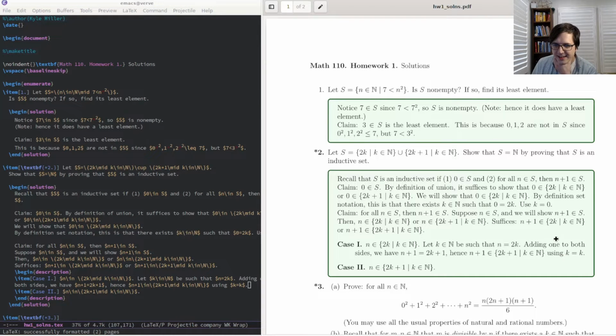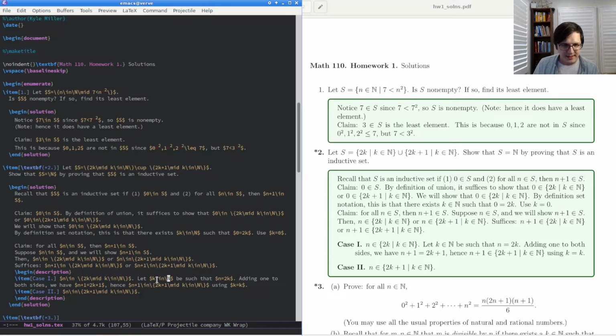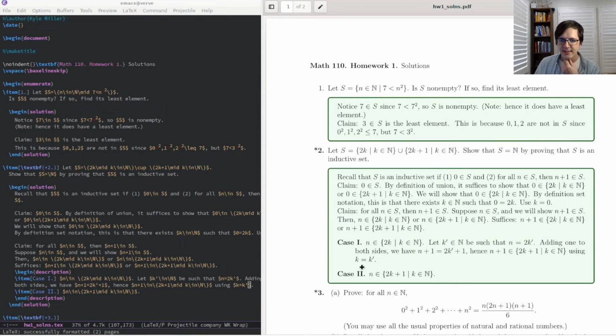Where this k is supposed to be the k in the definition of the set, and that k is the value that we're using. Maybe I'll make this a little clearer by choosing a different variable, in this case k prime. It's a good way to make up new variables. Okay, so using k equals k prime, where n is 2k prime.